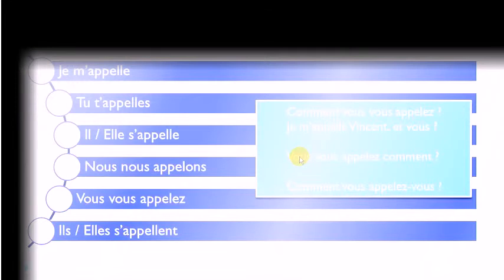Another possibility would be to start with vous vous appelez. Technically you just take the verb and put comment, how, at the end. It would be possible as well. Remember to raise your voice: vous vous appelez comment? And the last one is the more correct form. First you start with comment, and then, as in many languages, you change the order of the structure of the sentence a little: vous appelez-vous.